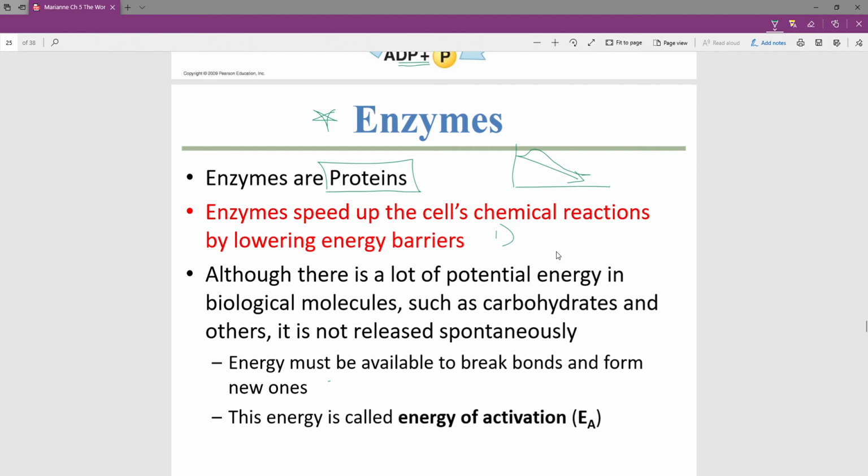So there's a lot of potential energy in biological molecules, so this idea that you can't just release it spontaneously. Energy has to be available to break the bonds so then new ones can be formed. And that energy that has to be available to buy in is called the energy of activation, sometimes called E of A in a shorthand way in chemistry.